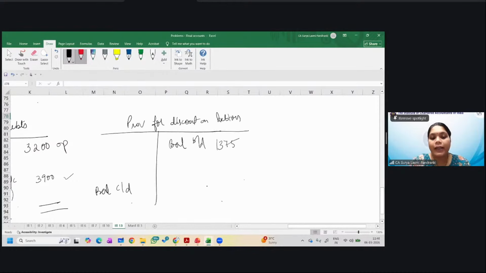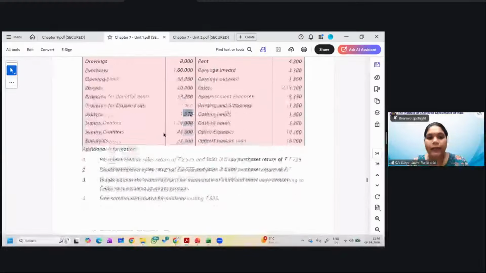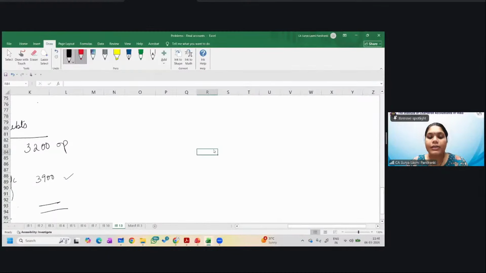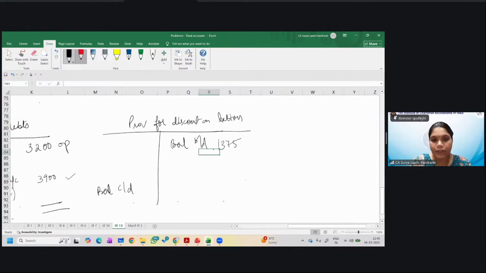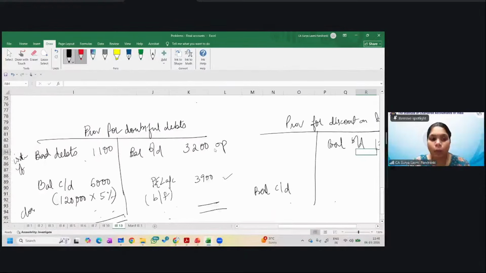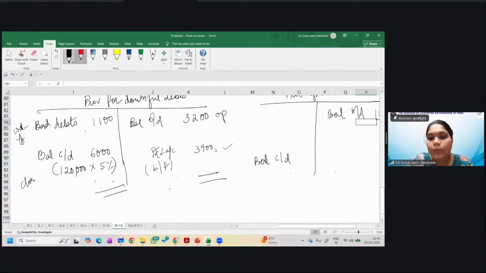It will be calculated. They clearly told that it should be a provision of 2.5%. Now, this 2.5% has to be applied on what? It has to be applied on your debtors for sure, but for debtors we had an adjustment.